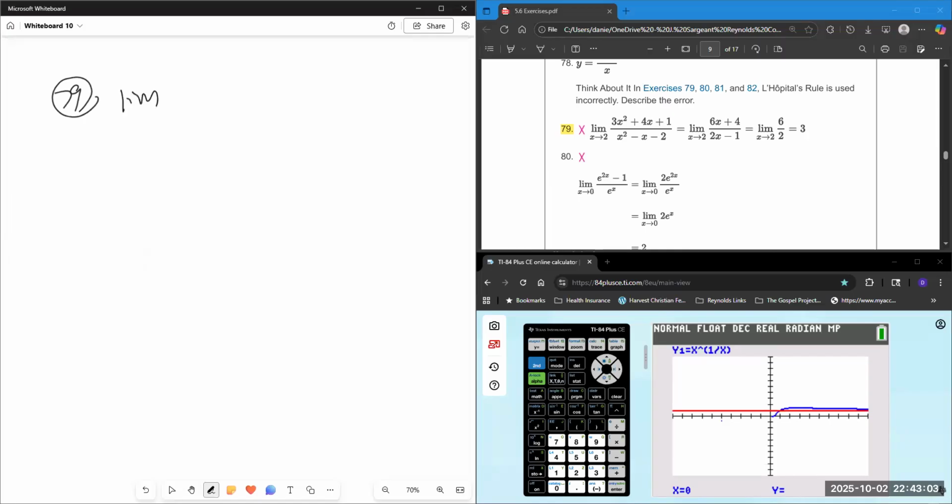Let's see if we can use L'Hopital's rule by trying direct substitution first. So this would approach 3 times 4 is 12 plus 8 plus 1 over 4 minus 2 would approach 21 over 0. Well, that limit does not exist.